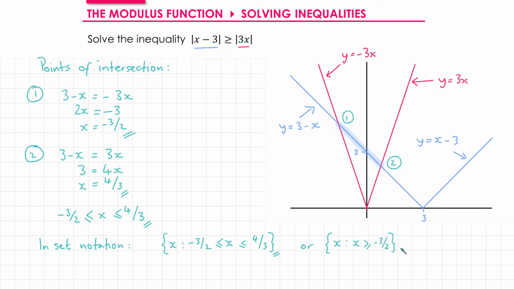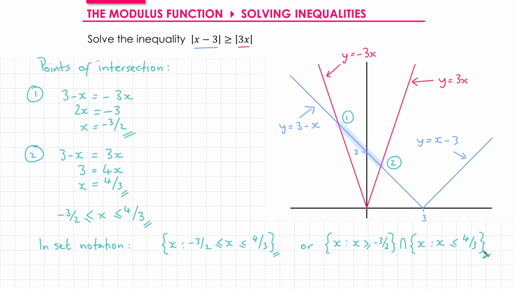And it must also be true, so we're using an intersection symbol, that x is less than 4/3. So here we're saying x is bigger than minus 3 over 2 and x is less than 4/3. That's different to if we'd used the union symbol in here, which would indicate two separate regions.